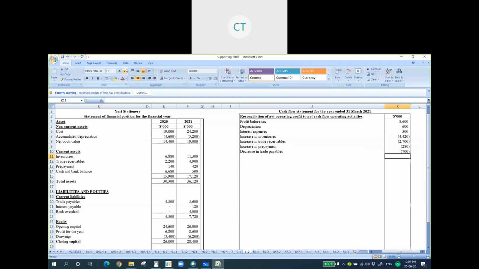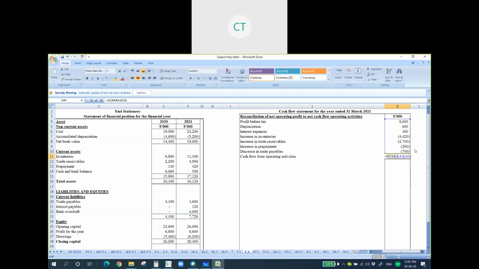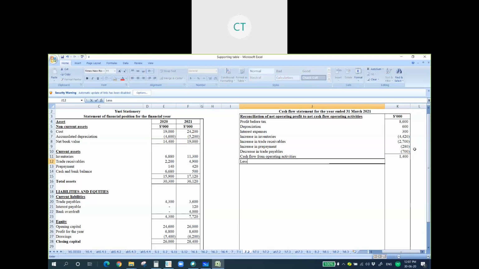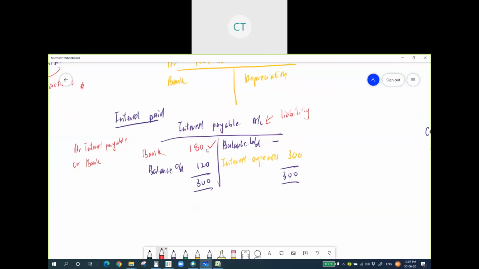So up to here, we can get a subtotal. This is cash flow from operating activities. This is 1,000 positive. And then we have to minus the interest payment. Our interest payment is 180 if I'm not wrong. Yeah, interest paid 180.